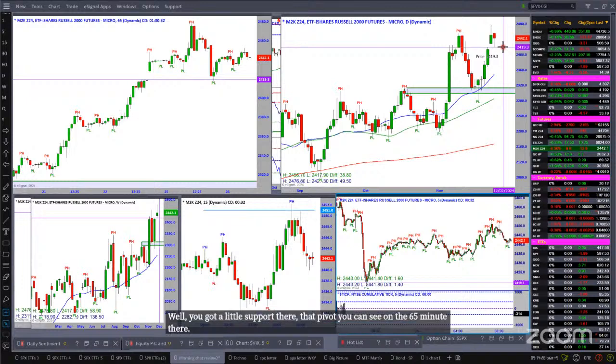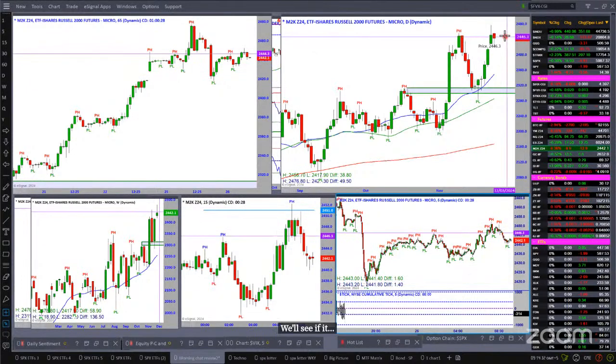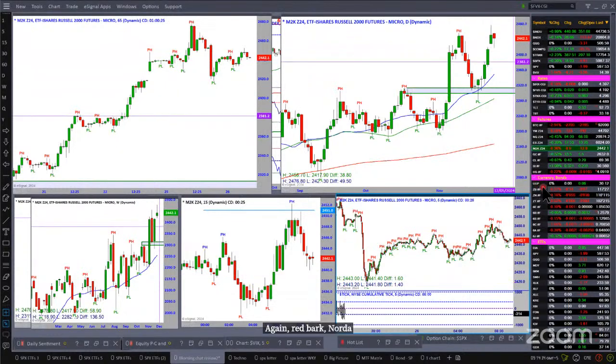It came down to the gap fill. We'll see if it ignores the red bar or keeps chopping around. We may not have much happening before the holiday. And then for Thanksgiving, usually the morning after Thanksgiving is bullish. Things go up, and the market closes at 1:00.